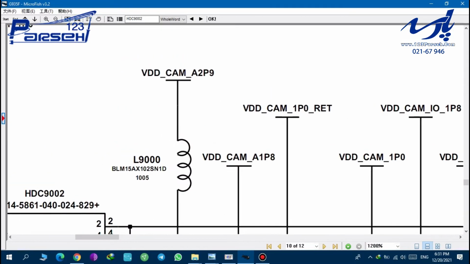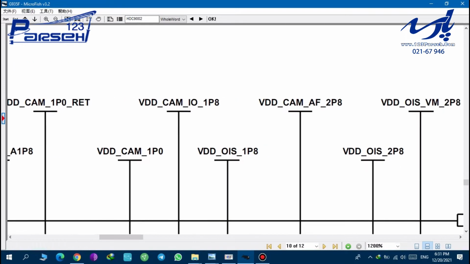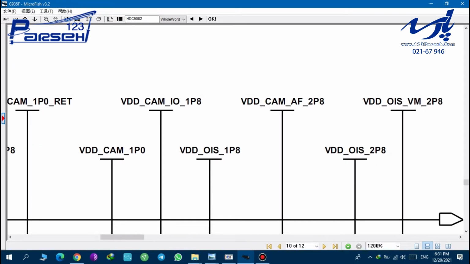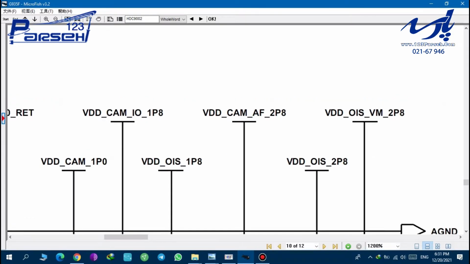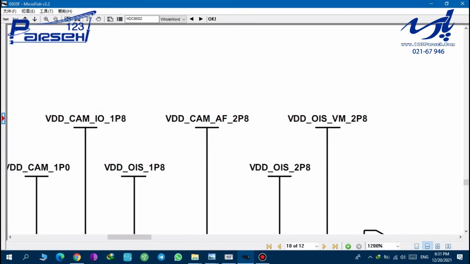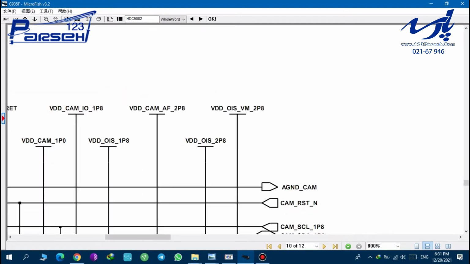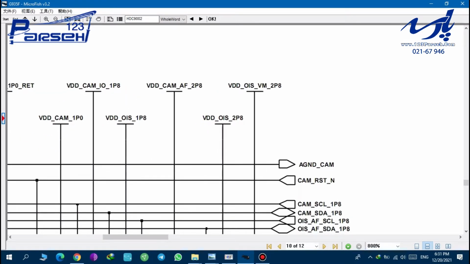The camera voltages are 2.9 volts, 1 volt, 1.8, 1.8, and 1.8 for OIS. If your camera's optical image stabilizer doesn't work, you have to check this one. If your autofocus doesn't work, you have to check this voltage. OIS actually has another camera here, and all of this has to be checked.